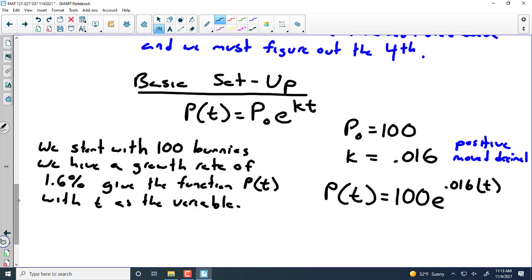Give the function P of t with t as the variable: P of t equals 100 e to the 0.016t. Now I can plug in any amount of time and it will tell me how many bunnies I have. What are we doing right now? I'm not solving this. I'm not doing anything with that right now. I'm learning how to interpret what they say to me so I can write an equation.